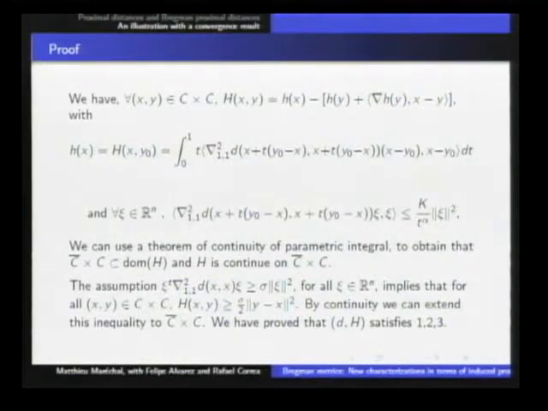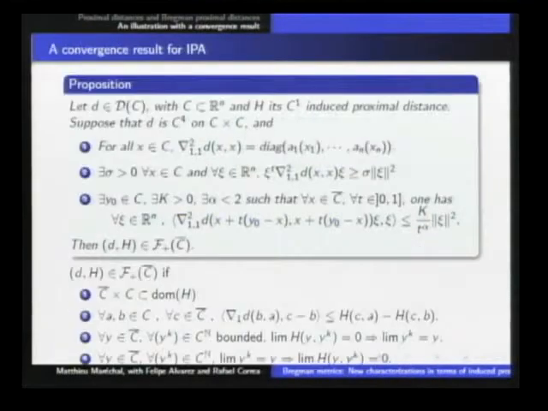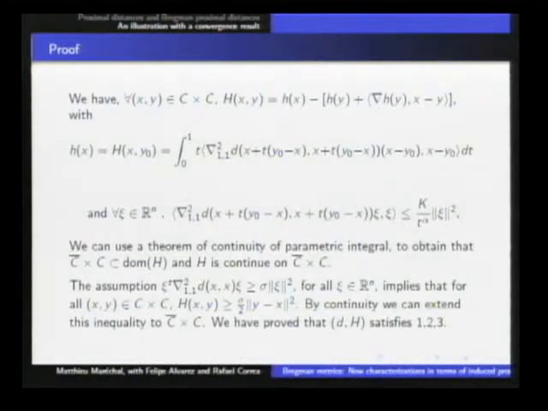After this, the assumption about the positive definiteness of the Hessian of the distance gives that H of x, y is greater than sigma over 2 times the norm of y minus x squared. By continuity, this inequality is true on C bar times C. Thus, we obtain, thanks to this, the third property. Because if this quantity tends to 0, with y in C bar and yk in C, this term here tends to 0, thus this term here also tends to 0.